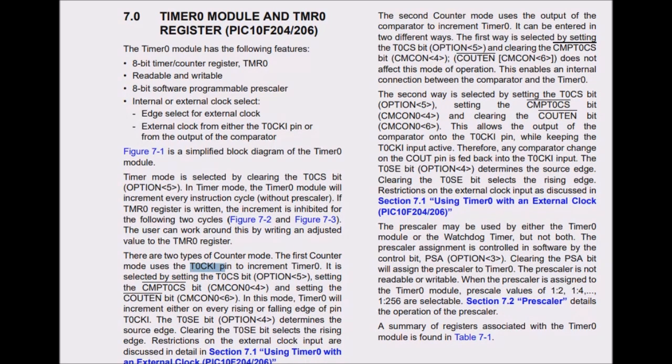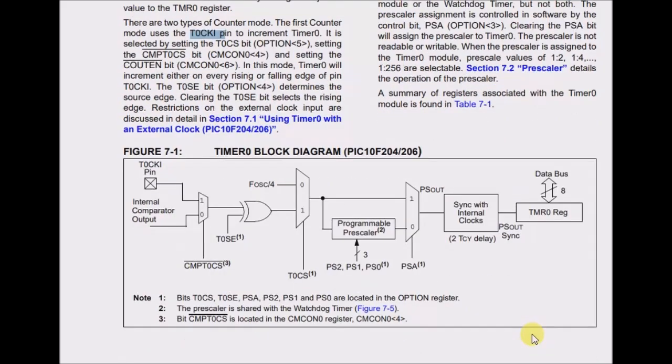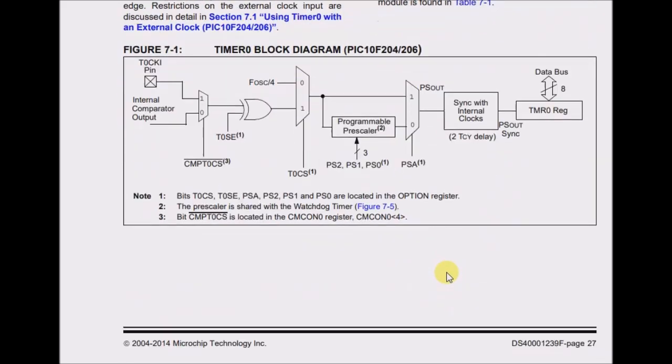When the prescaler is assigned to the Timer0 module, prescale values of 1 to 2, 1 to 4, up to 1 to 256 are selectable. Section 7.2, Prescaler, details the operation of the prescaler. A summary of registers associated with the Timer0 module is found in table 7.1. So I read that.